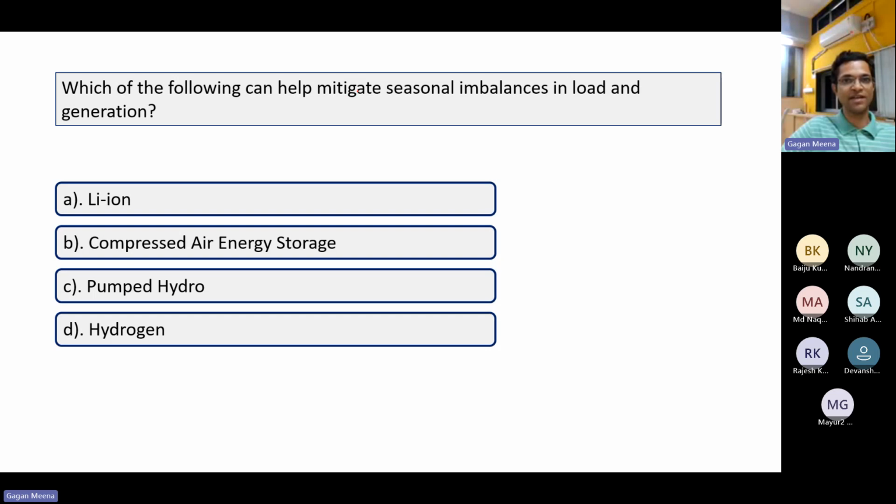Which of the following can mitigate seasonal imbalance in load and generation? So we are talking about seasonal energy storage here. And for this, we require very high energy density storage devices.